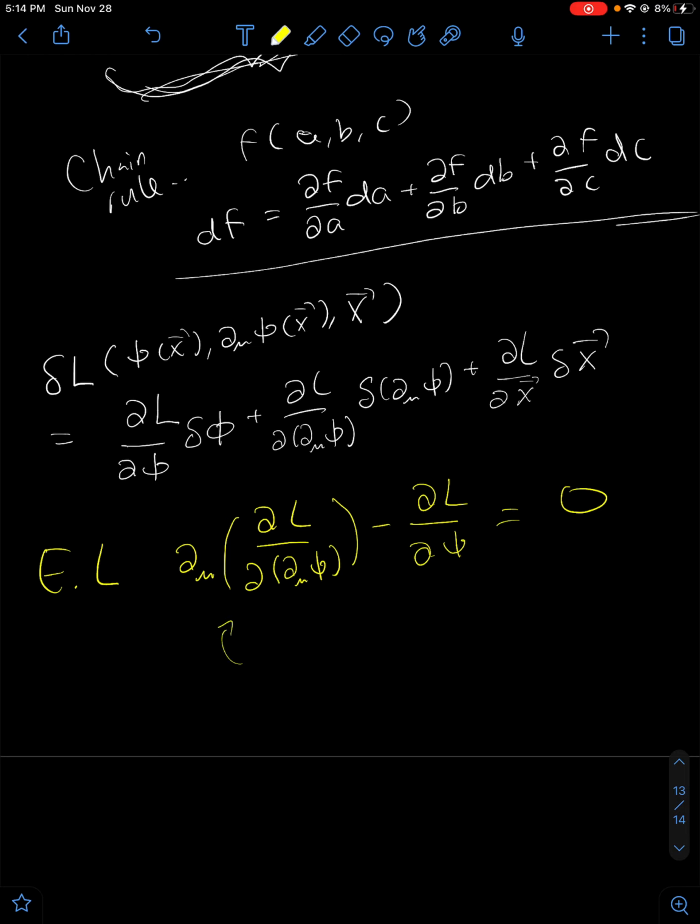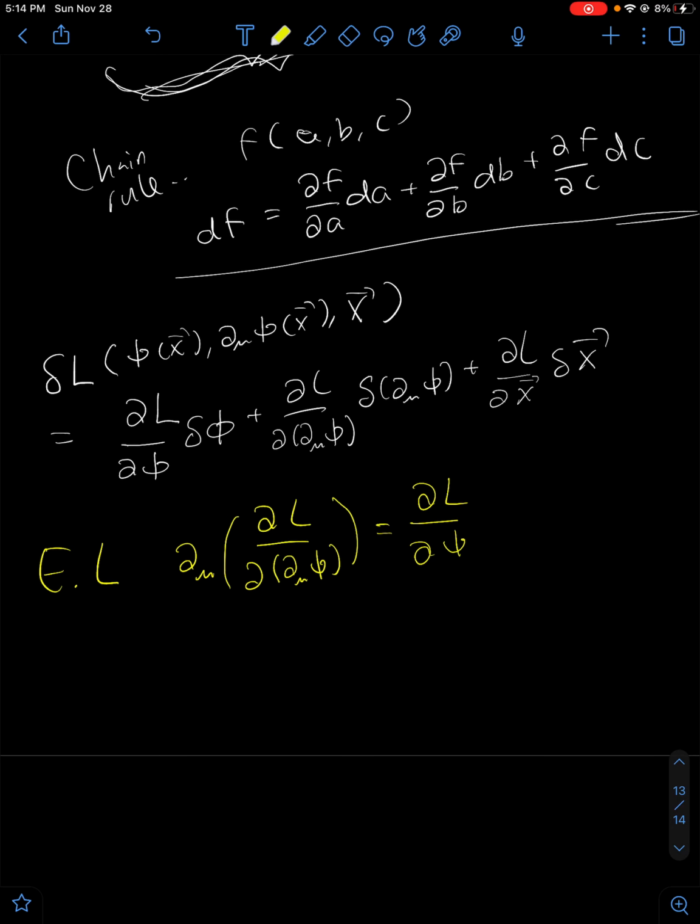Again, this is covered in the derivation of the Klein-Gordon equation from the Lagrange density video, which is in this Q of T series. This of course means that the left hand side equals the right hand side, because if a minus b is 0, that means that a equals b, right? Okay, so here we have a partial L over partial phi.